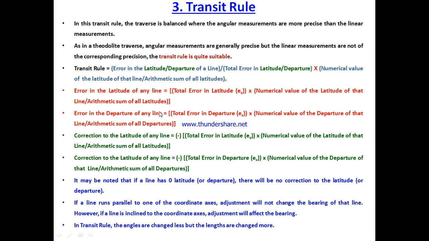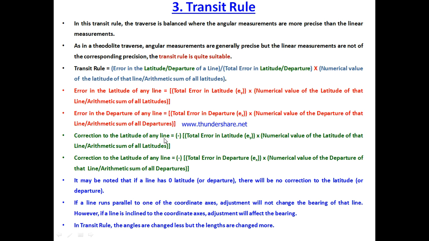Similarly, error in the departure of any line will be calculated as total error in departure multiplied by the numerical value of the departure of that line upon the arithmetic sum of all the departures. And if I want to calculate the correction, I just need to take this total value and take the negative sign. You can see here.